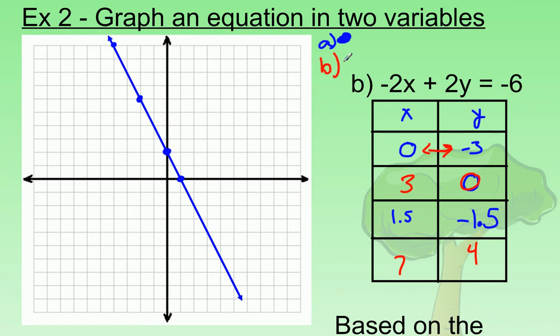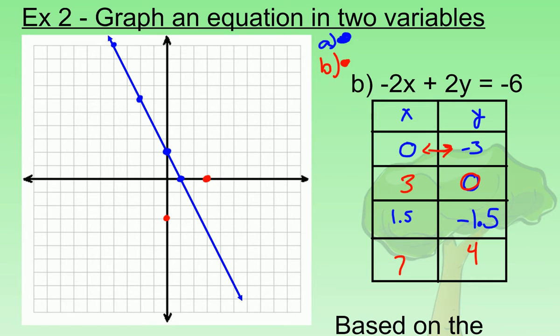So B is red. All right, so we're going to do the same thing. We're going to start just graphing our points. So 0, -3. That is the y-intercept because that's what's crossing the y-axis. 1, 2, 3, 0. X-intercept. It's where the line is going to cross the x-axis.